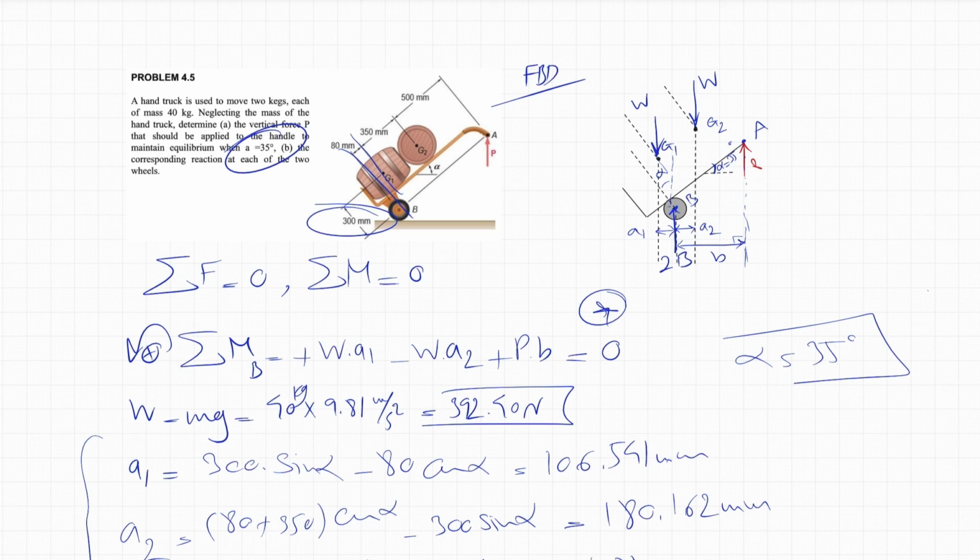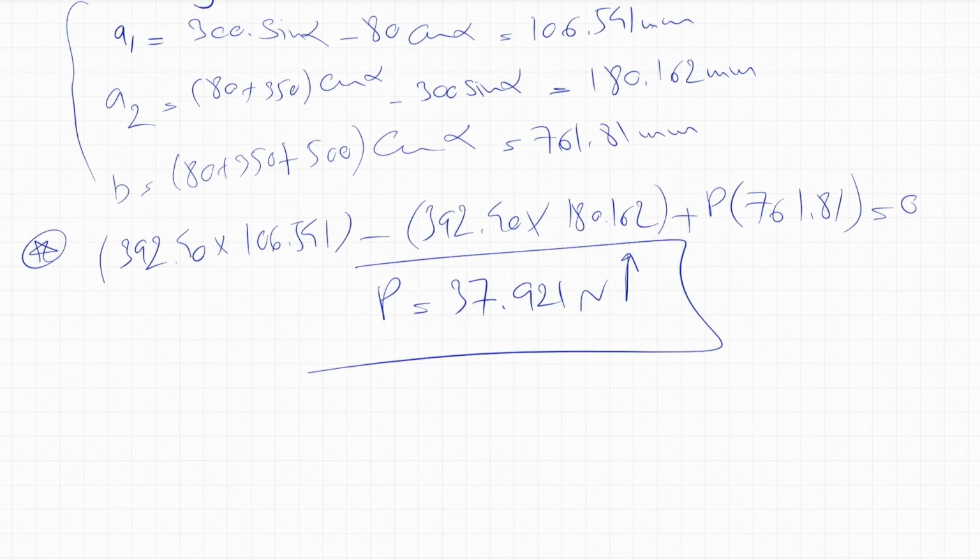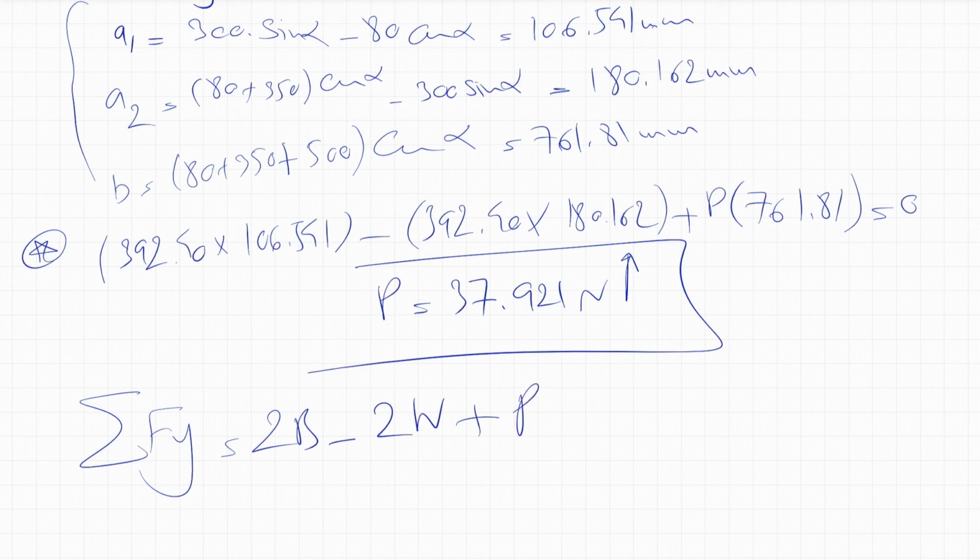The other unknown that we need to find is the reaction at the wheels. Since there are two wheels, we named it 2B. Then we can find the reaction in each wheel. So if we do our Fy, we simply have 2B minus the weight of two kegs, so 2 times the weight of each, and we'll have the force P. That's everything we have for this equation.